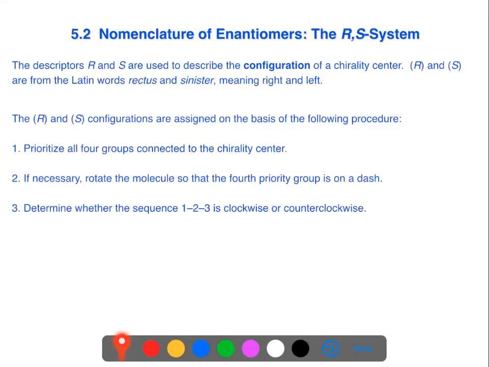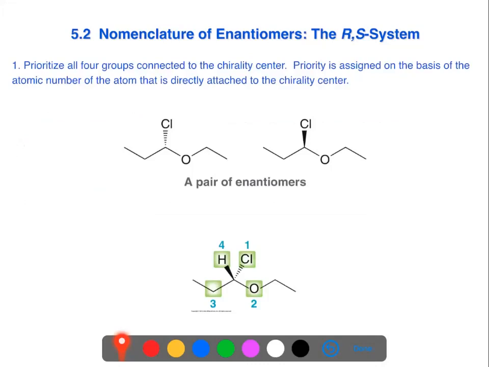And if, when we draw our pen connecting those three groups from the perspective that we draw, we go in a clockwise pattern to the right, we'll refer to that as the R enantiomer. Otherwise, if we end up in a counterclockwise pattern, that is going to the left, we'll assign that enantiomer an uppercase S.